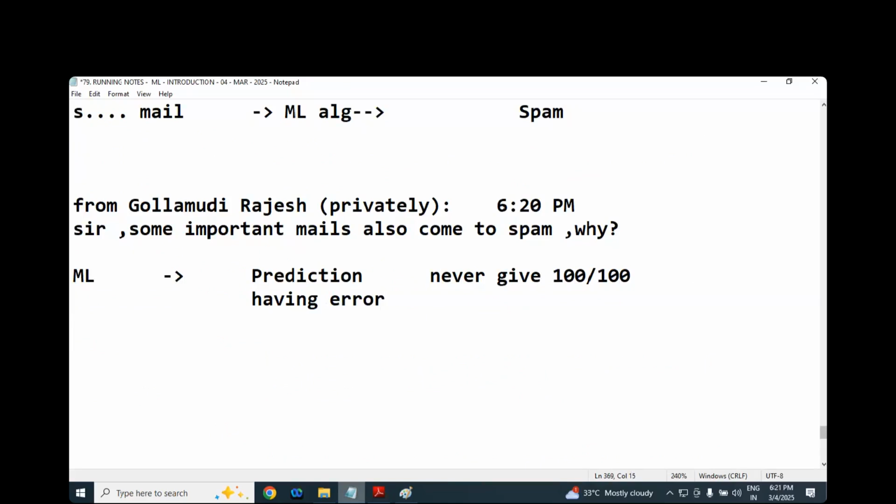ML algorithm having some what exactly? Error. On an average it will tell you, but in very rare cases, 90 out of 100 actually. There is still a 10% chance. There are some mails it can push into what exactly? Spam folder actually. That might be the reason, Rajesh Garu. But this is a very rare scenario. Did you understand or not, sir?